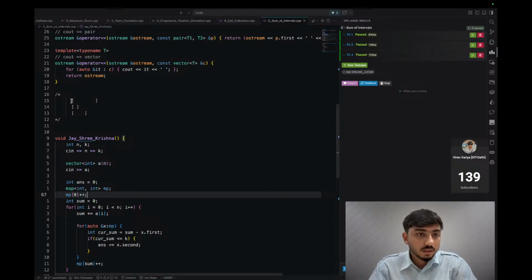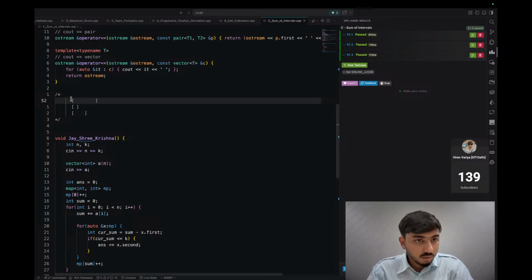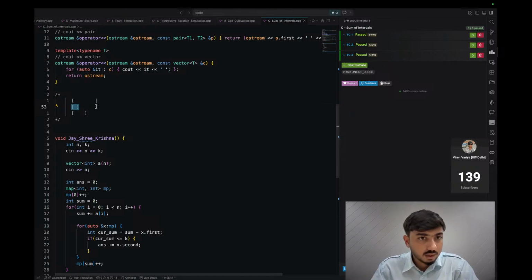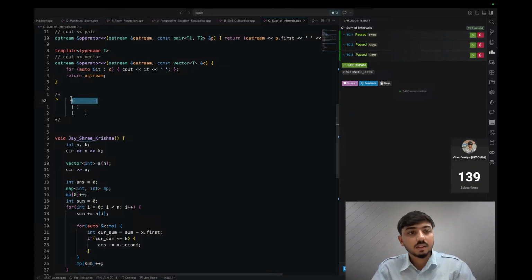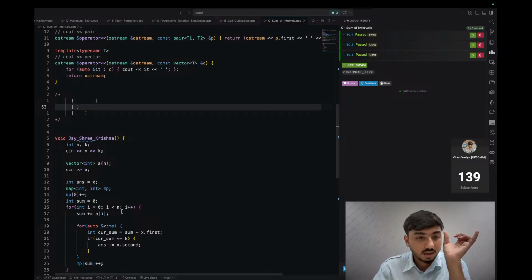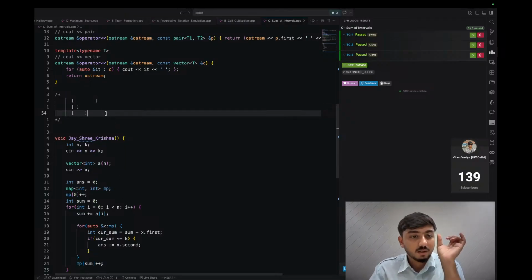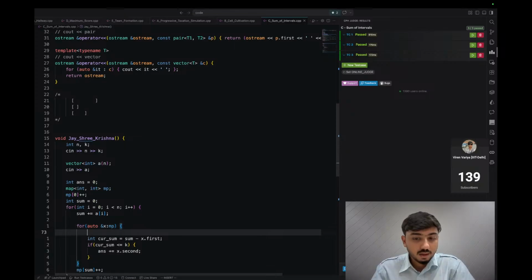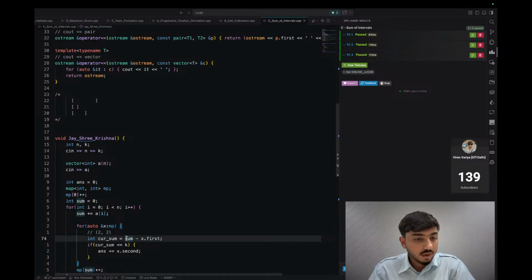So I want this to be our answer. For this array, this is our answer, right? Our target k is 7, so any subarray whose sum is 5 is also our answer. Currently we are iterating over the map. Let's say we are at the pair 2 comma 2, so there are 2 prefixes whose sum is 2. 5 minus 2 is 3, and 3 is less than or equal to 7.